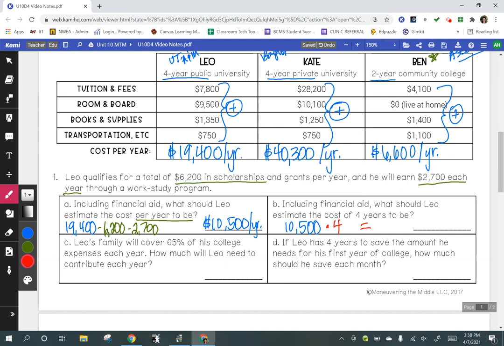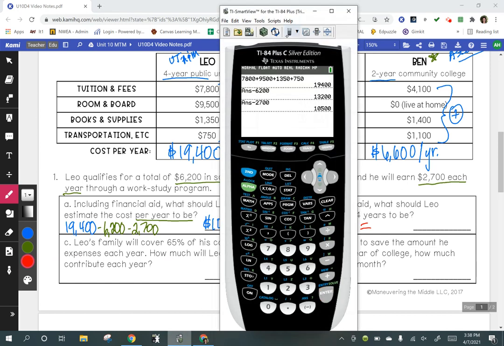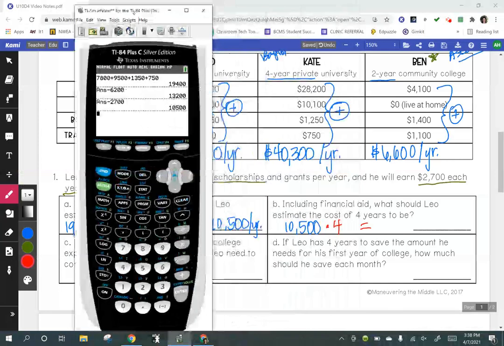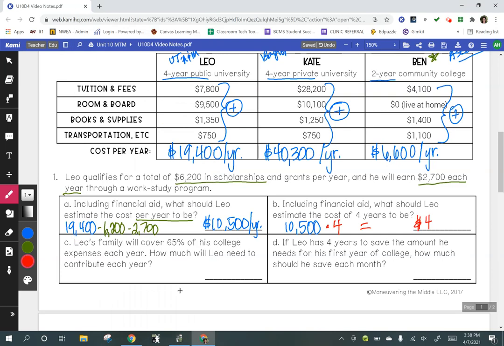So if I put that into my calculator, I'm going to say times 4 for 4 years. And even with the help of financial aid and all that, over the course of 4 years, you're still paying $42,000.